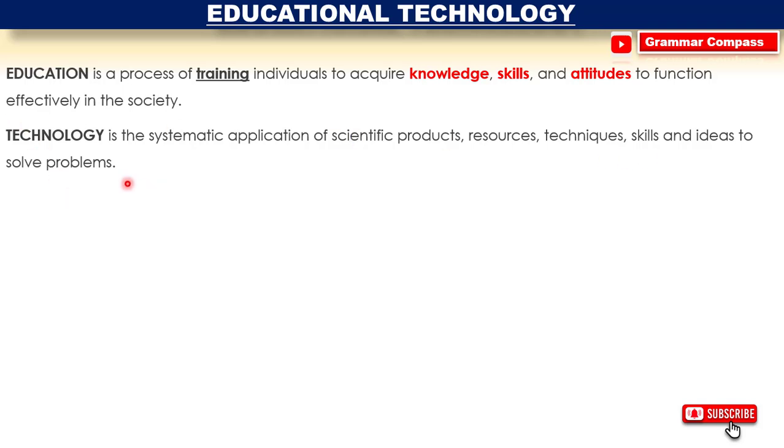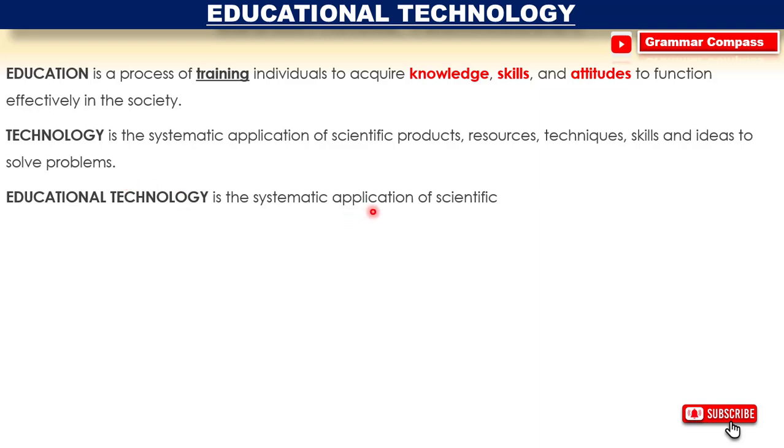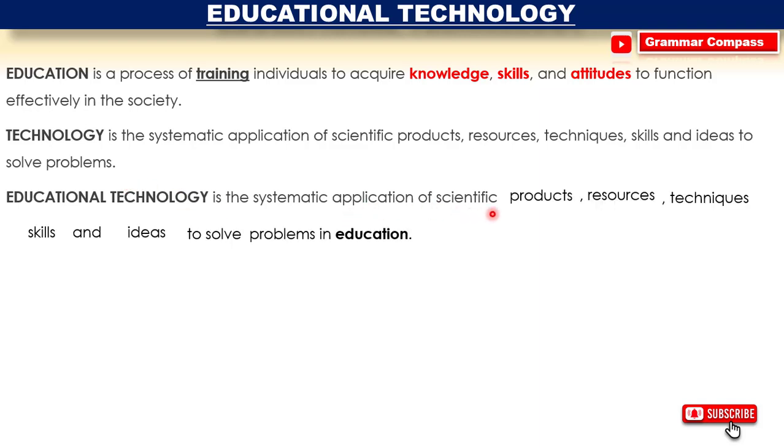If we put the two concepts together, then we can say that educational technology is the systematic application of scientific products, resources, techniques, skills, and ideas to solve problems in education. In simple terms, educational technology is about using smart tools and ideas to solve problems in education. It makes activities in the educational system more effective, easier, and meaningful.